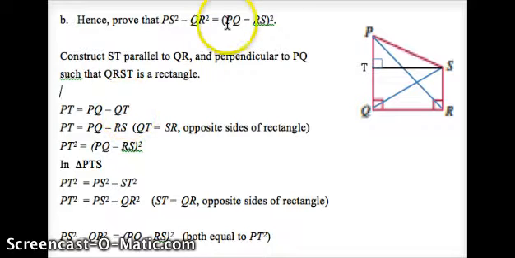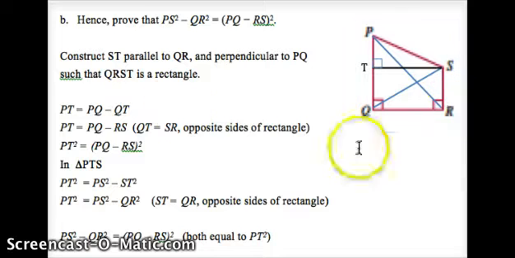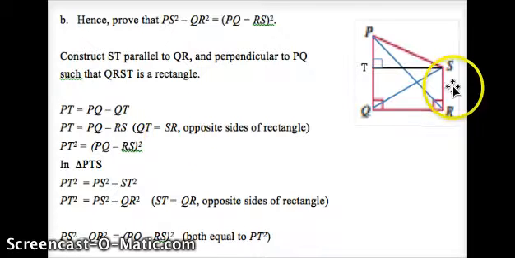But if I look up at the question, I want an expression for PQ minus RS. So we can see that QT is the same as RS. So on the next line, we say, well, PT equals PQ minus RS because QT is equal to SR because they are opposite sides of that rectangle. So therefore, we're trying to come up with this expression PQ minus RS all squared.